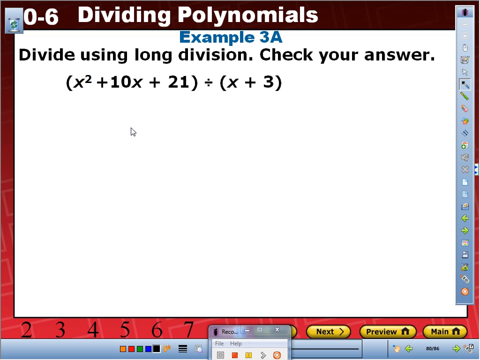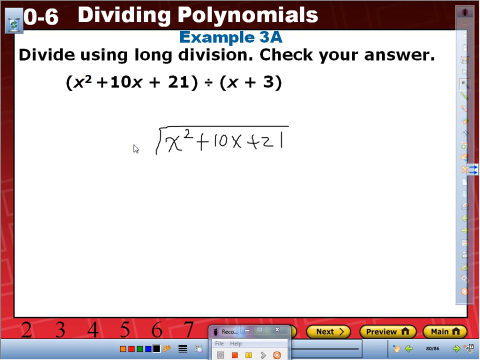Here it goes. First things first, I'm going to write my dividend: x squared plus 10x plus 21 divided by the divisor, x plus 3. Now check this out. This is how it's going to work. How many terms in this divisor? 2 terms.